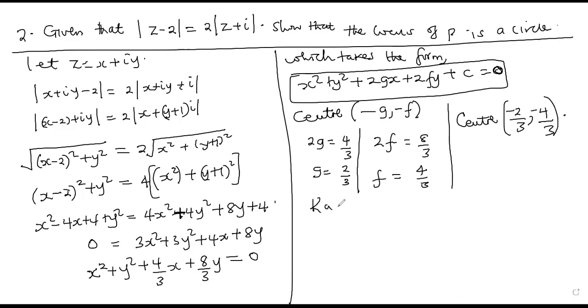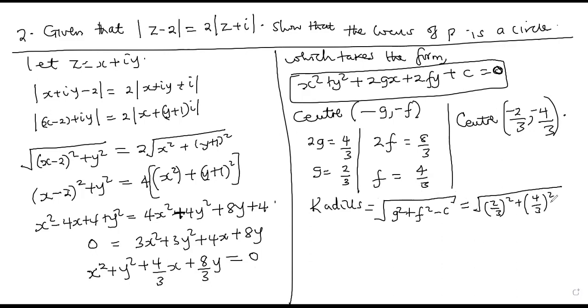Then also, the radius of a circle is given by the square root of g squared plus f squared minus c, whereby c is the value that is supposed to be here, but we don't have it, so c is 0. So it is the square root of g squared, which is 2 out of 3 squared, plus f squared, which is 4 out of 3 squared, then minus 0.